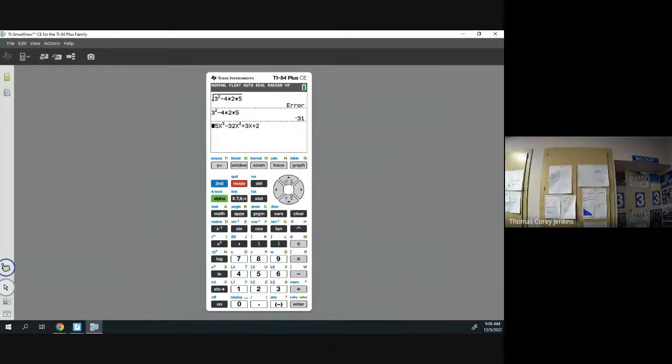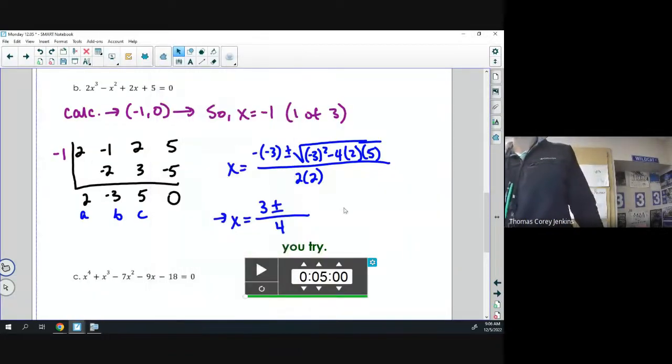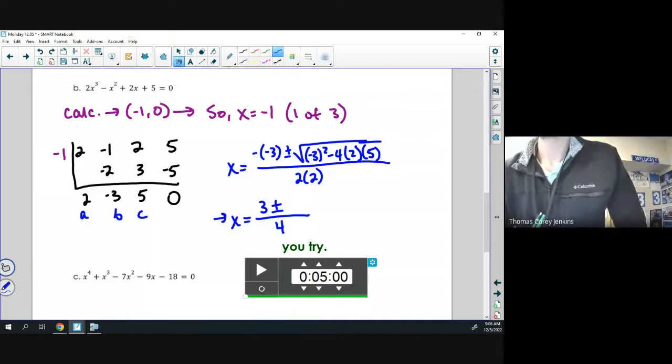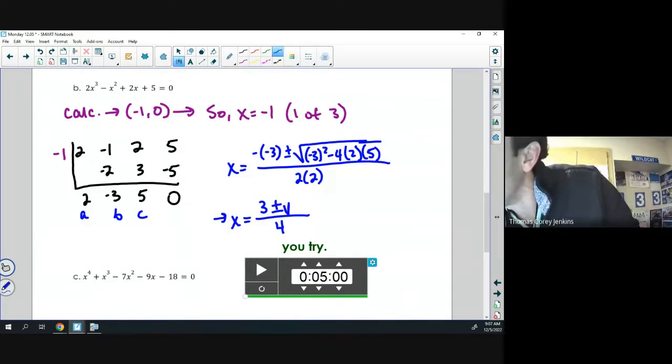Some people type that in with the radical. So if you type it in as the square root of 3 squared minus 4 times 2 times 5, it's going to say error. That's because that's an imaginary number, right? So what you want to do is type it in as 3 squared minus 4 times 2 times 5 and see that that's negative 31. Then we can deal with it from there on our own. So my discriminant is negative 31.